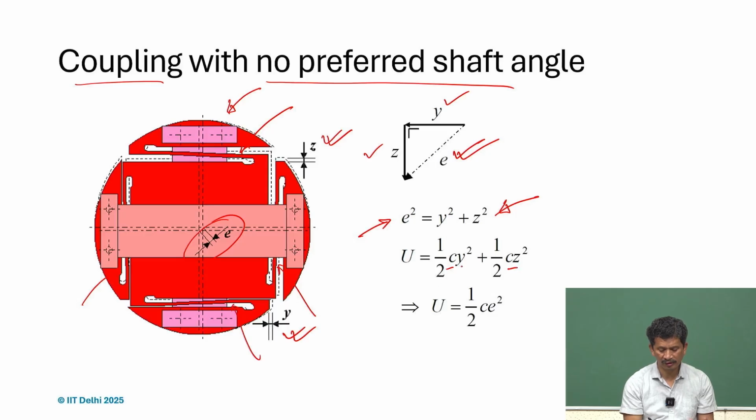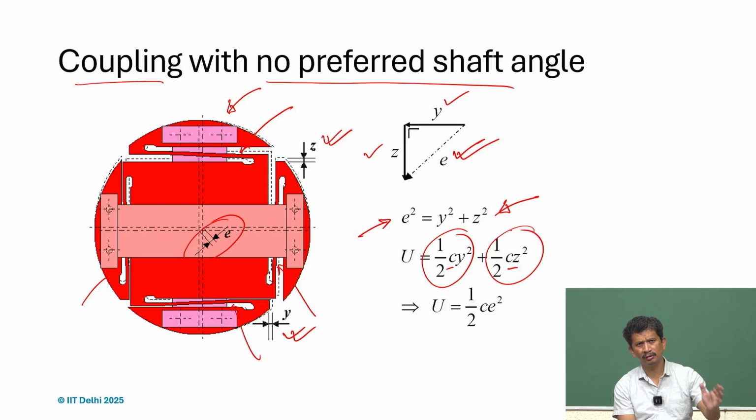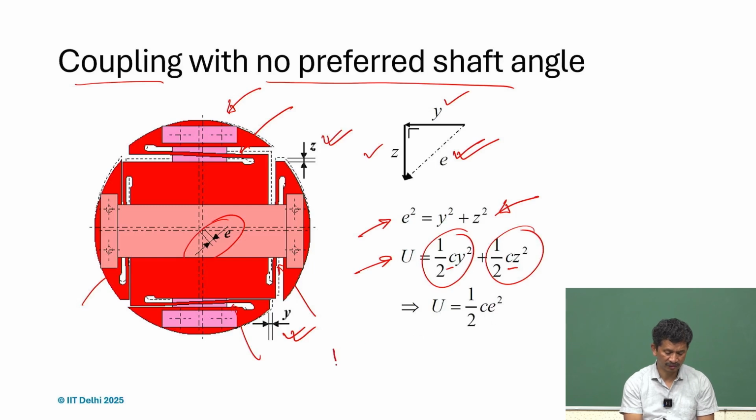So if we write half C y square plus half C z square, actually these are the potential energy stored in the individual sets, in y and z, and this is the total potential energy. Once we write it, we can always write half C times y square plus z square, and replace this with E square.